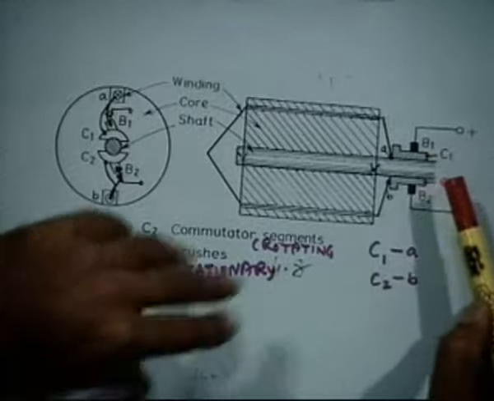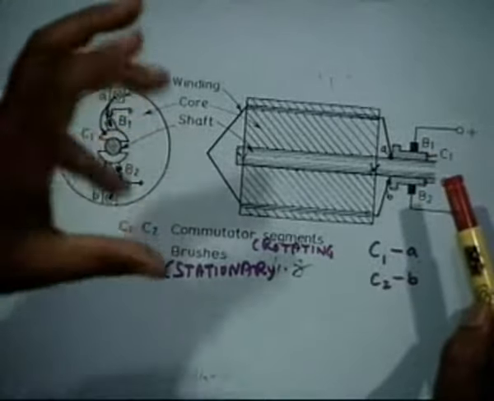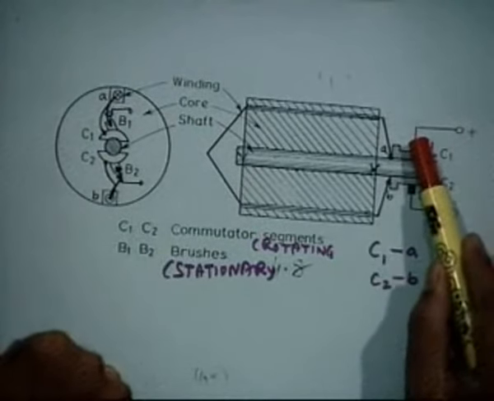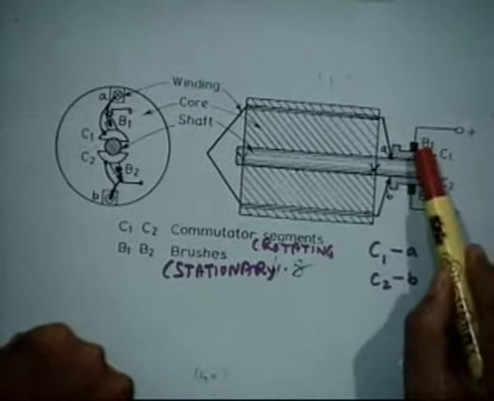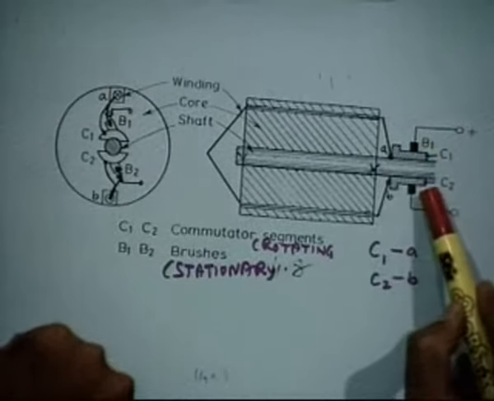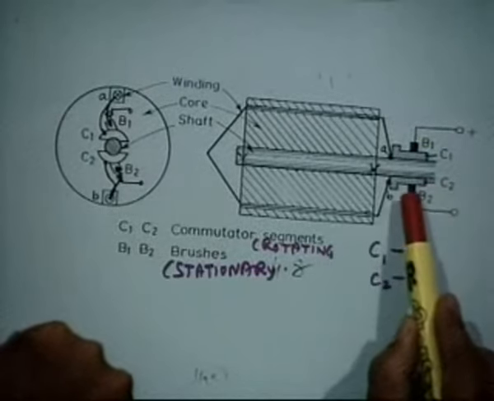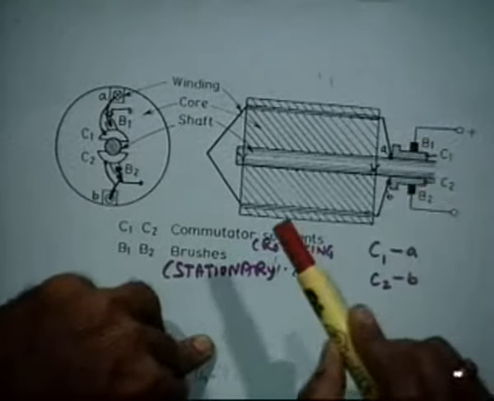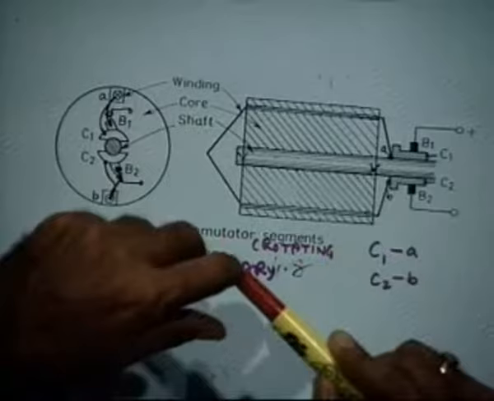So you will find an alternating situation. The potential of B1 will sometimes be that of C1 and sometimes that of C2. Similarly, the potential of brush B2 will sometimes be that of C1 and other times that of C2.